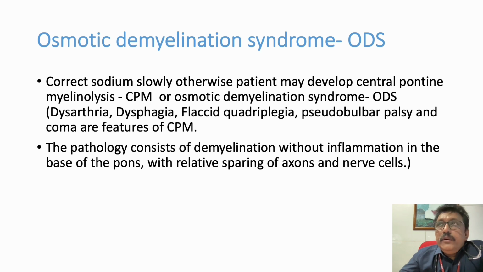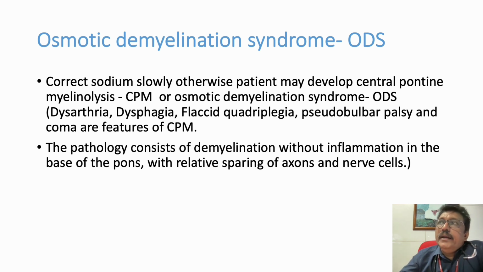If we don't correct slowly, if we correct very fast, the patient can develop a problem called osmotic demyelination syndrome. So if you correct fast, the patient can develop either central pontine or extrapontine demyelination syndrome. Demyelination syndrome can have dysarthria, dysphagia, flaccid quadriplegia, pseudobulbar palsy, and coma. Sometimes seizures also develop.